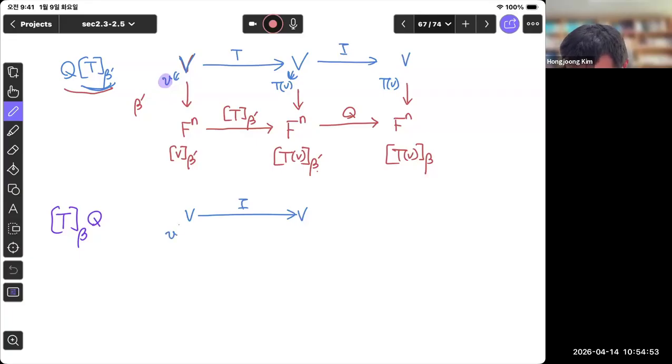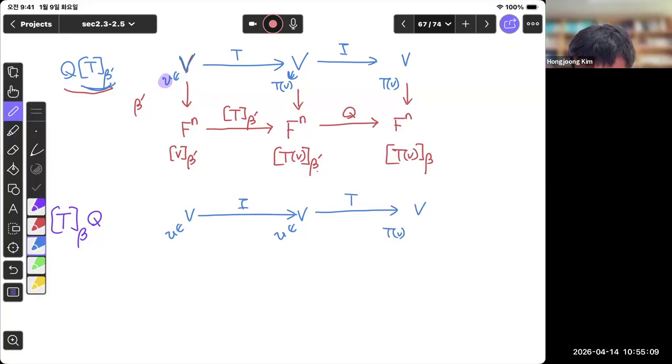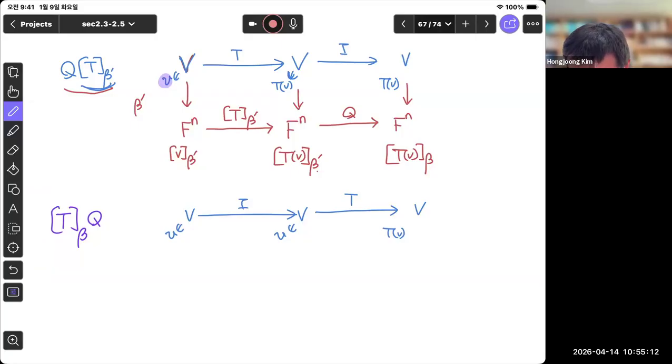So from V, that is mapped to V. And then I can consider T to get T of V. And if I use the beta prime basis, then I have the coordinate of V with respect to beta prime.